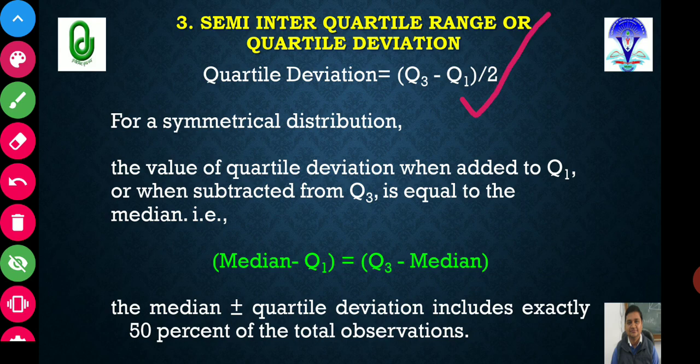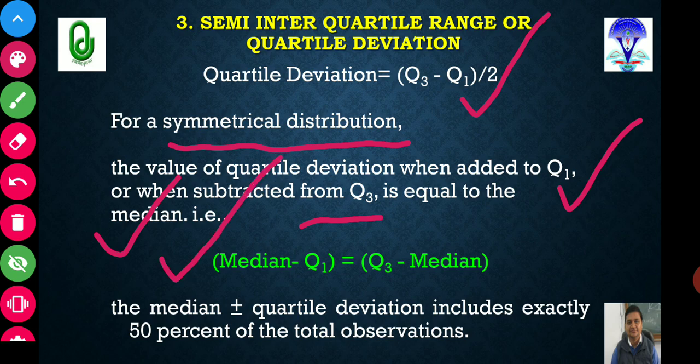For a symmetrical distribution, the value of quartile deviation when added to Q1 or subtracted from Q3 is equal to the median.